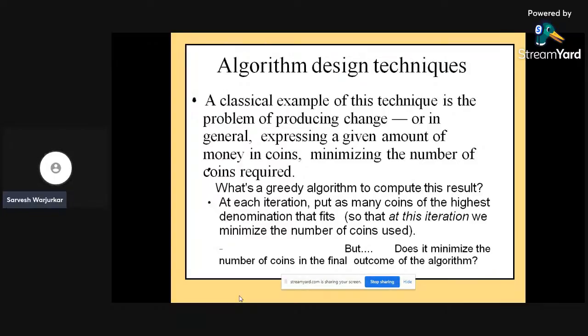At each iteration, put as many coins of the highest denomination, as I already said. But does it minimize the number of coins in the final outcome of the algorithm?